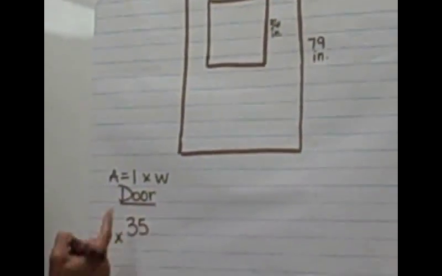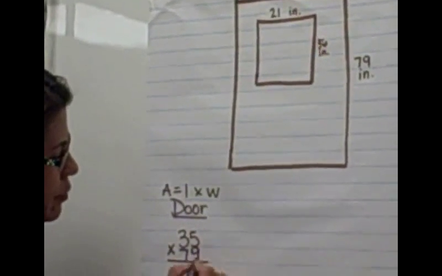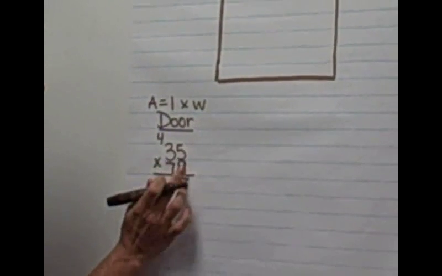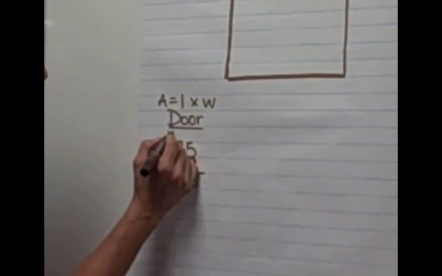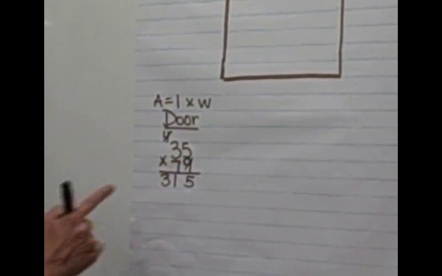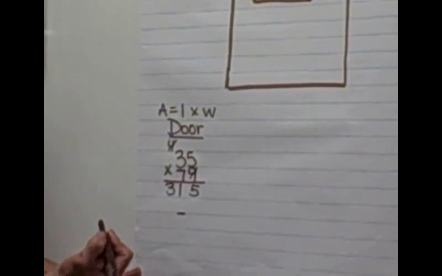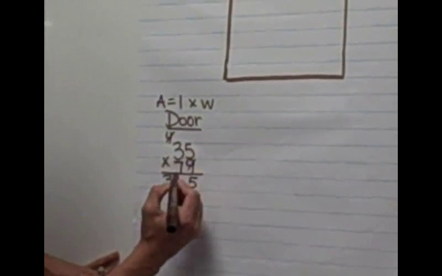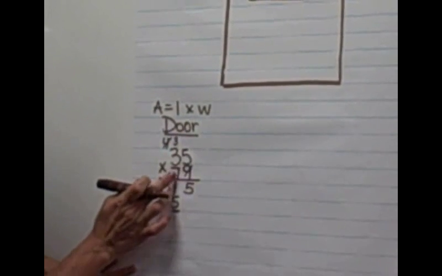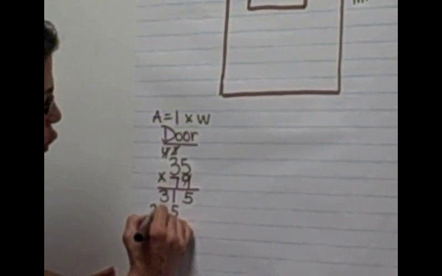We're going to multiply that times the width of the door, which was 79. 9 times 5 is 45. 9 times 3 is 27, plus 4 is 31. We're done with this 9. Moving on to the 7. First answer should come directly underneath the 7. 7 times 5 is 35. Drop a 5, carry a 3. 7 times 3 is 21, plus 3 is 24.